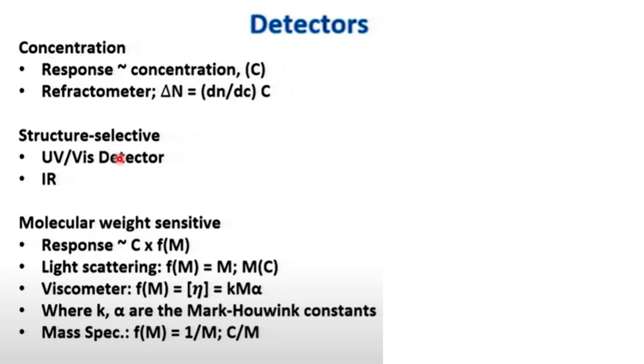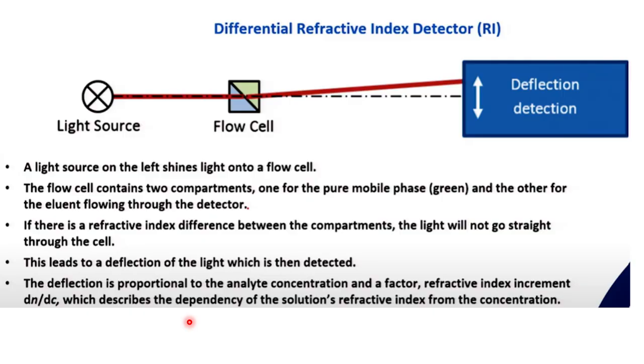By checking the viscosity, which depends on the molecular weight, basically the Z average molecular weight, for that you need the Mark-Houwink equation, where the intrinsic viscosity is K times M to the power alpha. It is not multiplied; it is in the power. So these are the different detectors that one can use to analyze the separated sample.